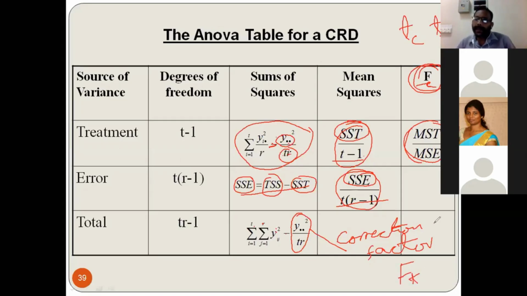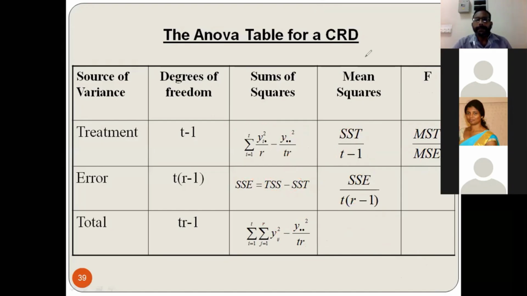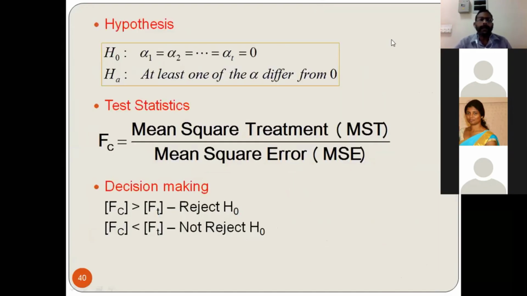The table value we can look up from the F table. Right. Now, based on this F table, we'll have to make the decision as we did in other cases.